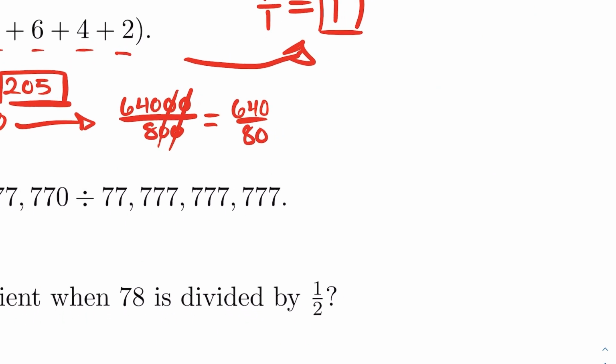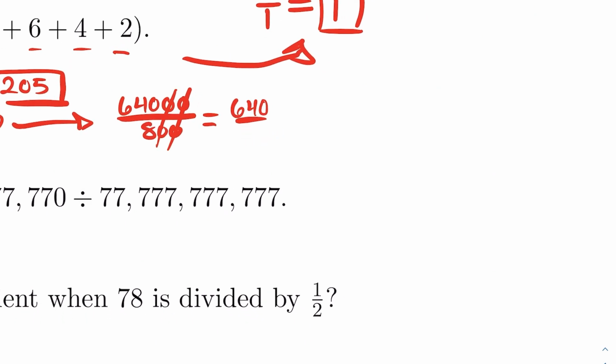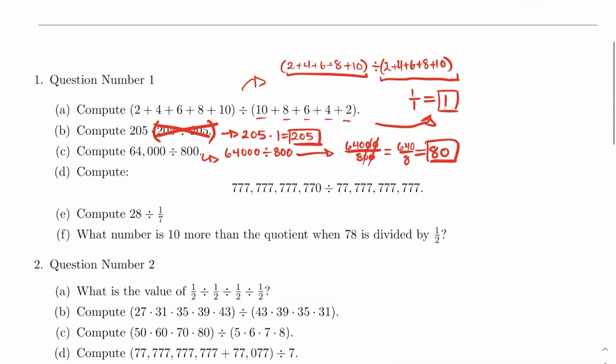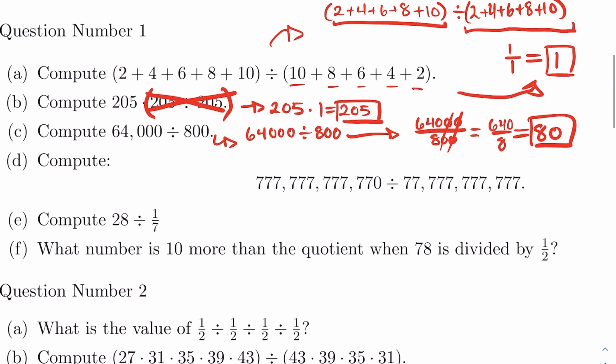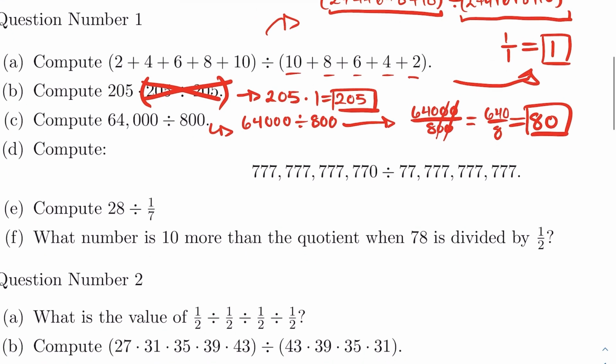And so what I will get here, divided by 8, is 80, because 80 times 8 is equal to 640. So the answer will be: 64,000 divided by 800 is going to be 80.